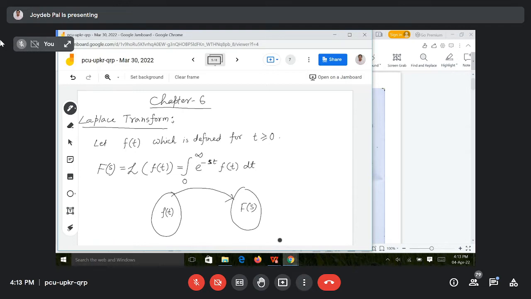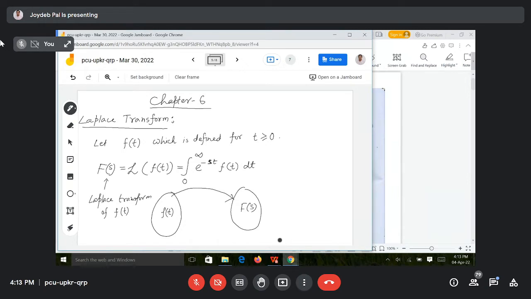It is called Laplace transformation. Now you should be careful about the notation.